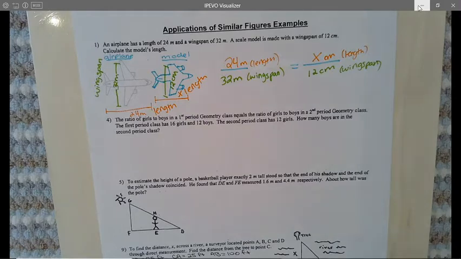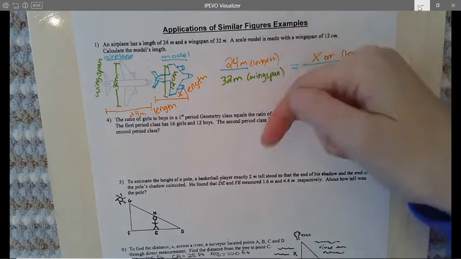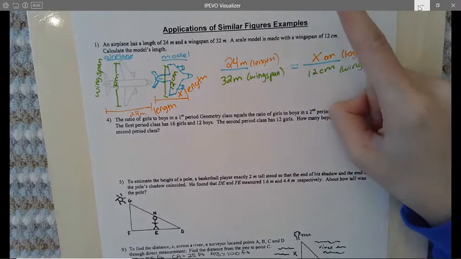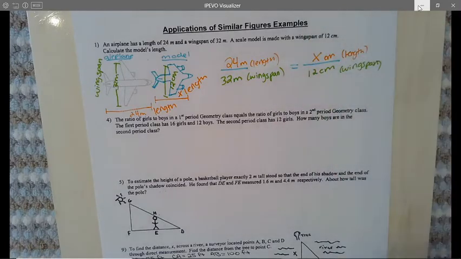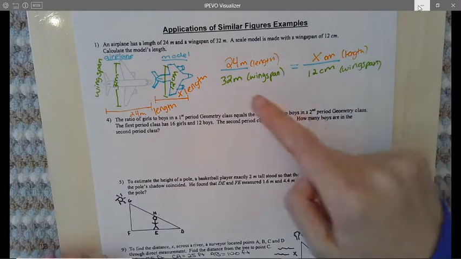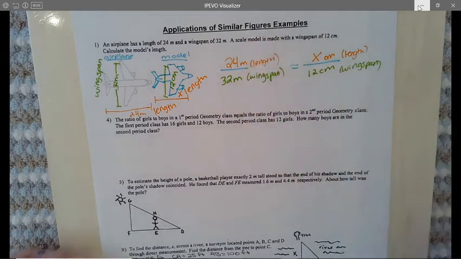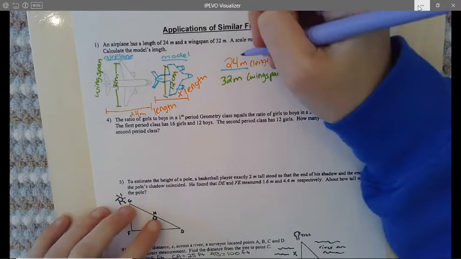Remember, it's always good if you can reduce down your fractions. Try to do that in advance, so when you cross multiply, your numbers will be smaller. Do you know a number that will divide into 24 and 32? I knew you did. It's 8.